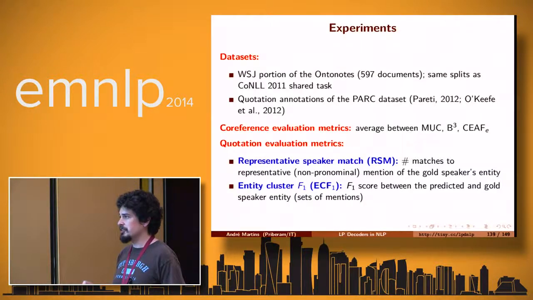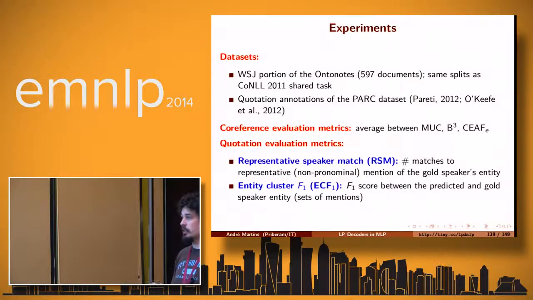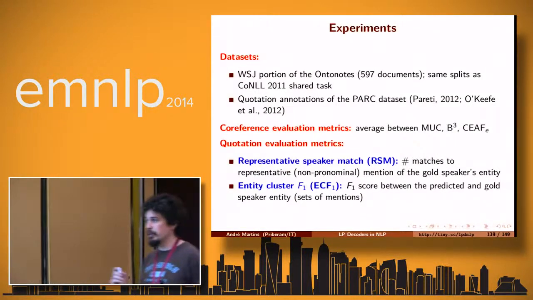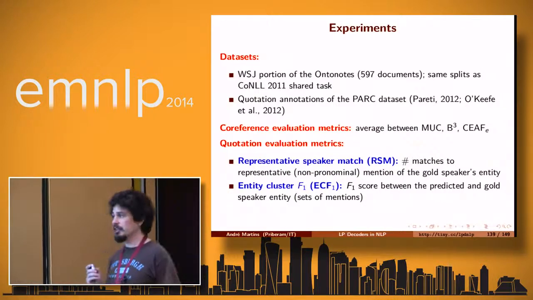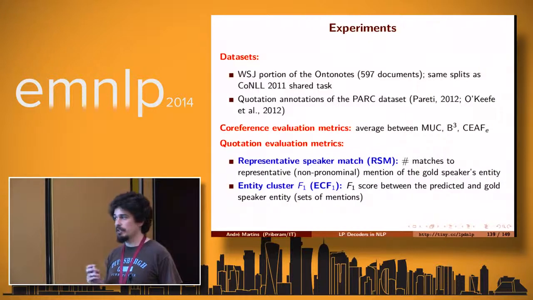To evaluate coreference, we use the standard evaluation metrics. And to evaluate quotation attribution, we're going to use metrics that are particularly tailored for entity-based quotation attribution. Meaning that we're not just looking if you are getting the mention right, because that mention can be quite uninformative. For example, if you have a sentence saying something like, she added blah, blah, blah, then if you say that the author of that quotation is she, that's kind of useless, because you don't know what she refers to.